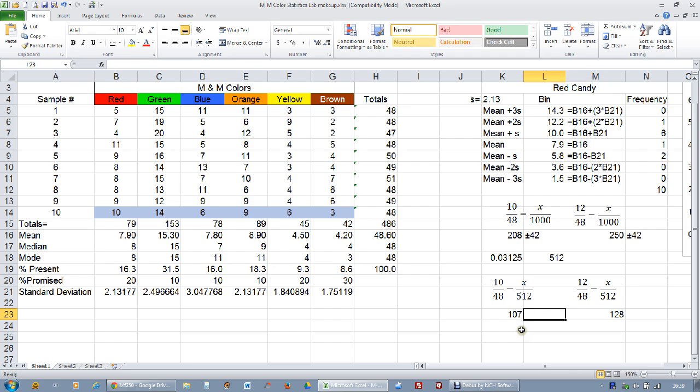So 107 plus or minus 21 M&Ms in a pound are red.